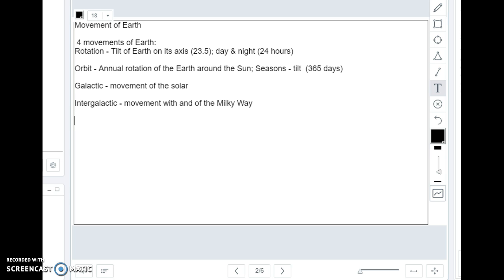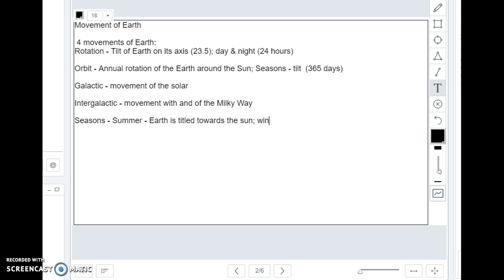So those are the four main movements of Earth, all right? We've already talked about seasons and how they deal with the Earth's tilt at 23.5 degrees. I want to talk about that a little bit further. So for seasons, if we're talking about summer, Earth is tilted towards the sun, or that part of the Earth is tilted towards the sun.